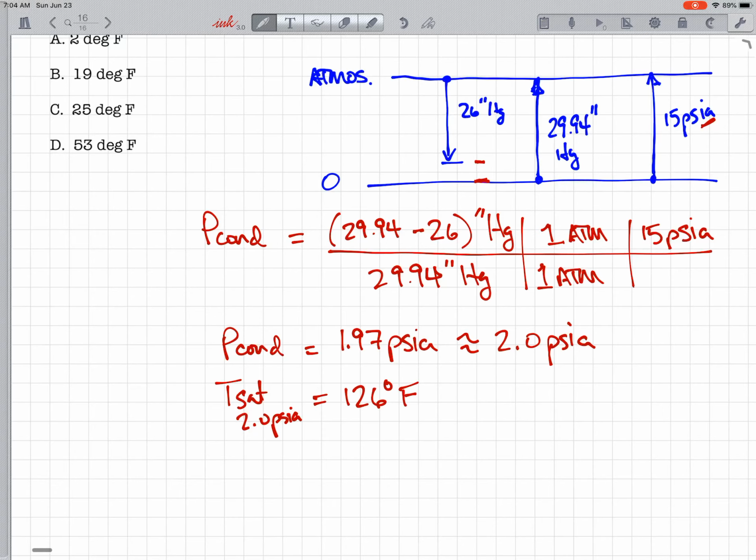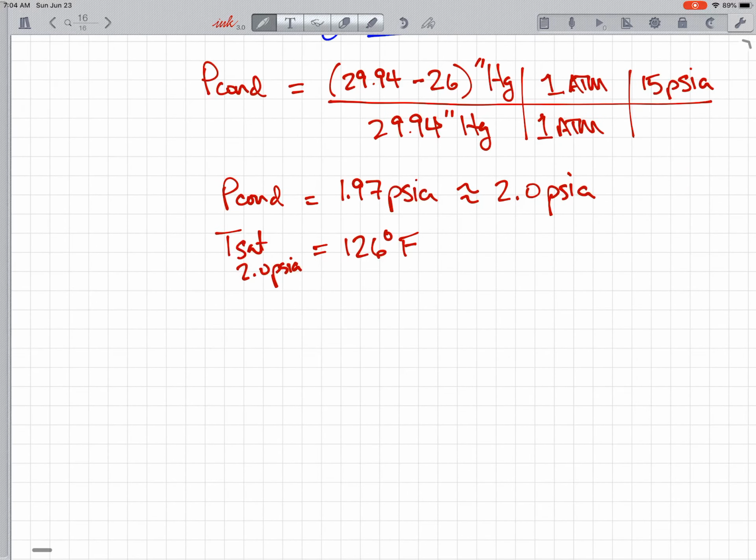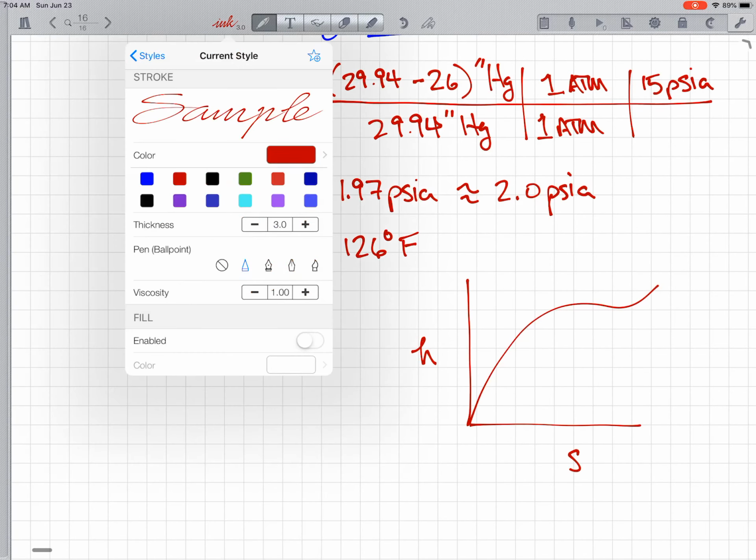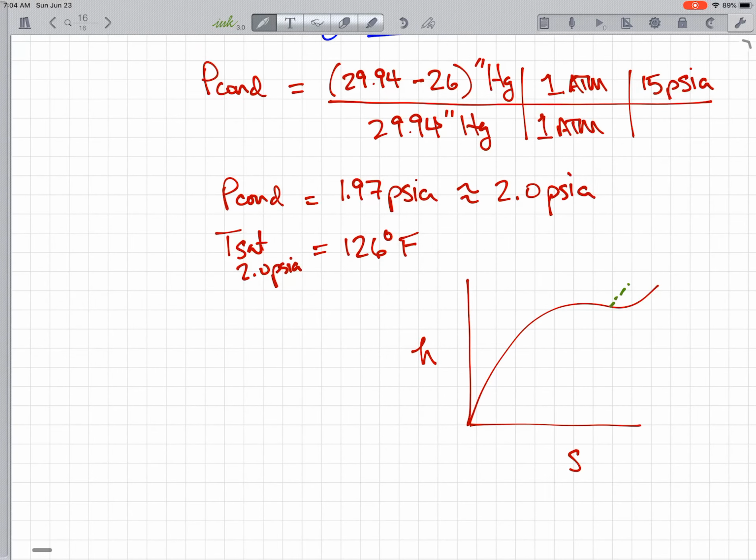Okay. So what's happening here inside this condenser is, if we use an entropy diagram with a saturation curve, what's happening is along this pressure line, that's going to be pressure of the condenser. It's going to be 2 pounds.